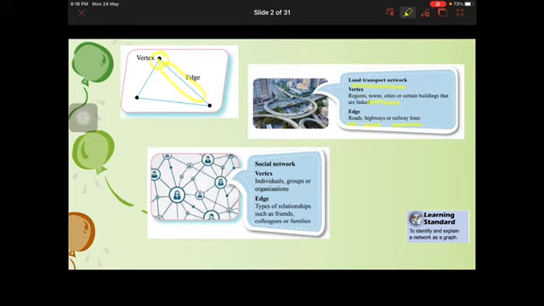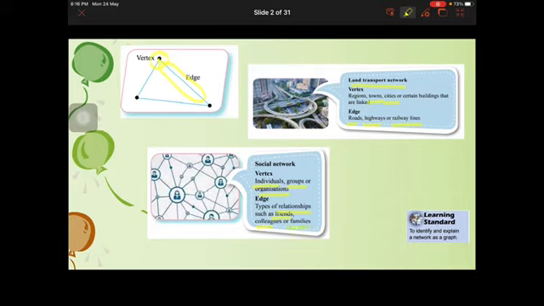Now the second example of the use of network is in social network. What is the vertex? Like in Facebook, the vertex represents the individuals, maybe groups or organizations, and the edge will represent the relationships, whether they are friends, colleagues or families.